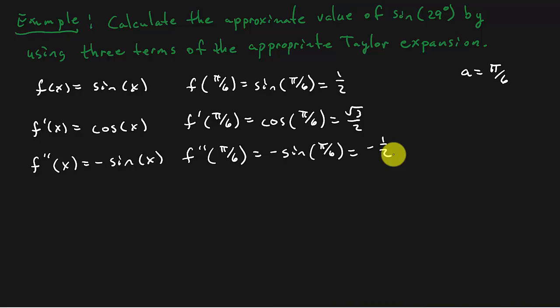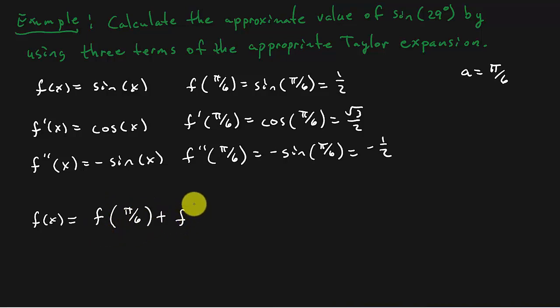So now let's plug everything in. So I've got f of x is equal to, so that's going to be f. All I'm doing now is just writing down my formula and what I need.